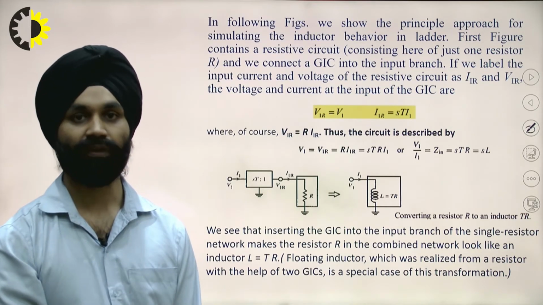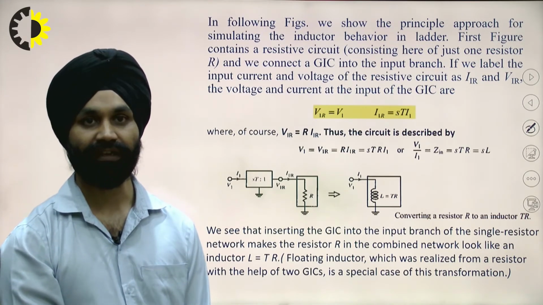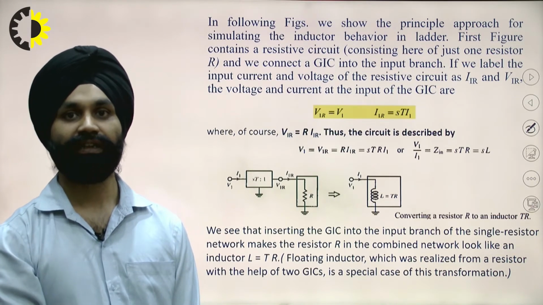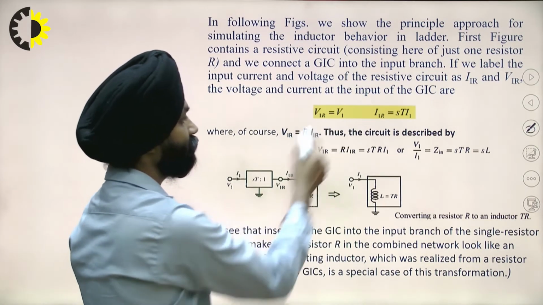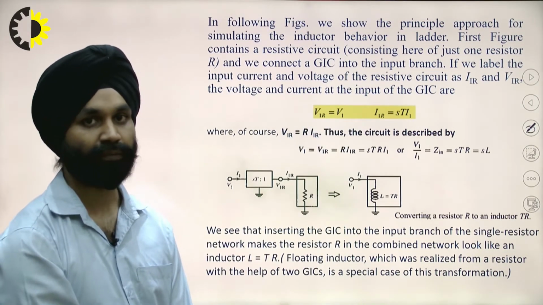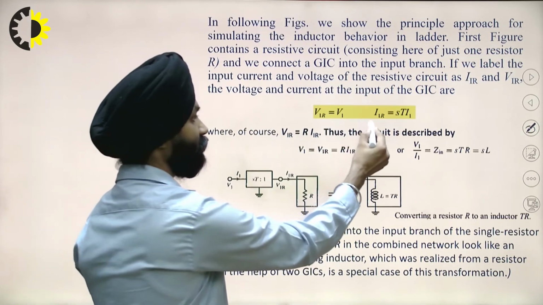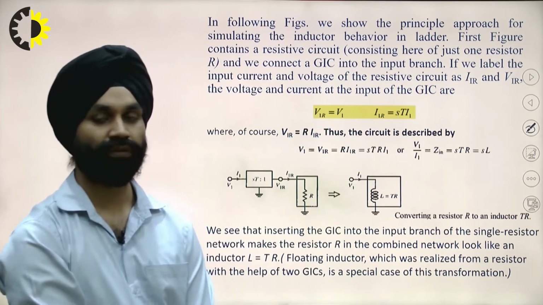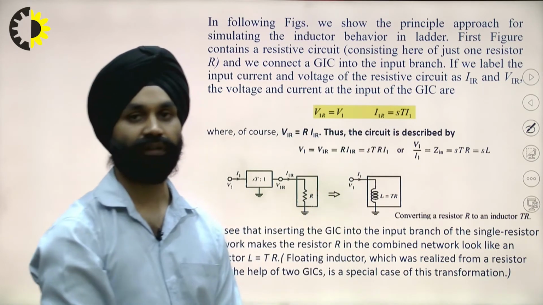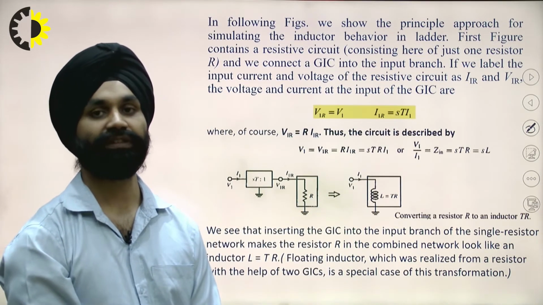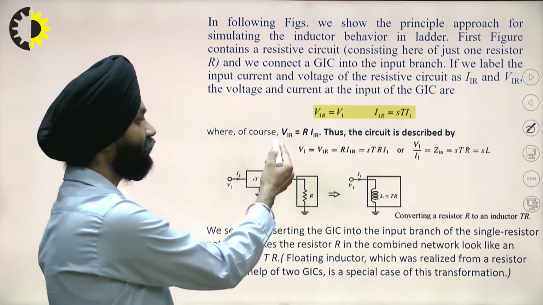If we label the input current and the voltage of the resistive circuit as IR and VIR, the voltage and current at the input of the GIC circuit are given by VIR equal to V1, and the input current equal to the output current, and the output voltage V2, I2, that is, the output current is equal to S T into I1, as we have seen in the previous slide also. So here we can see that IR is equal to VIR.